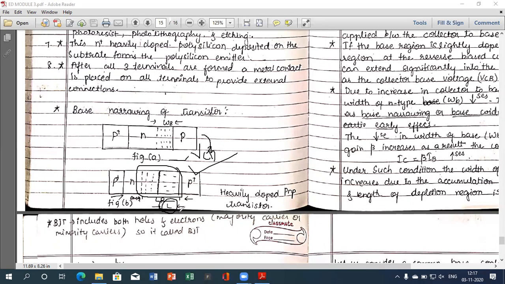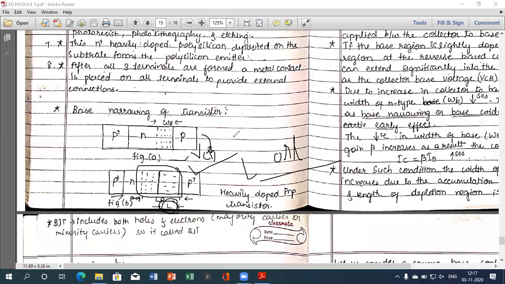You can use capital L or small l, both are the same. This L represents the length of the depletion layer, which is accumulated into the base of the PNP transistor due to an increase in VCB, that is the reverse bias voltage.